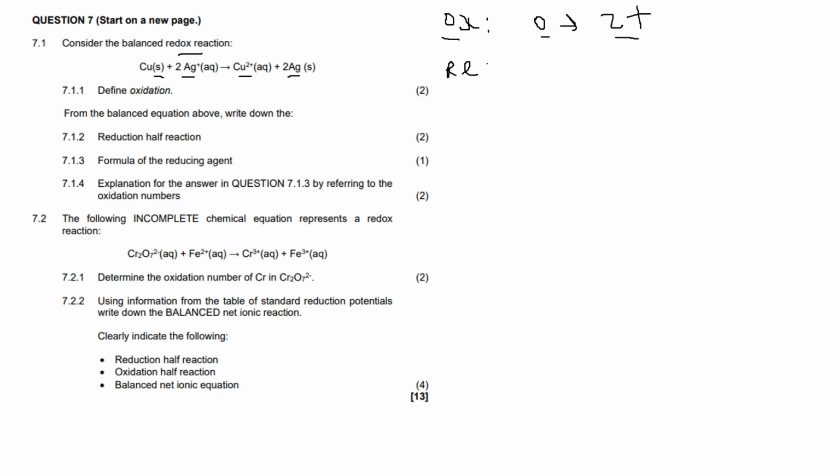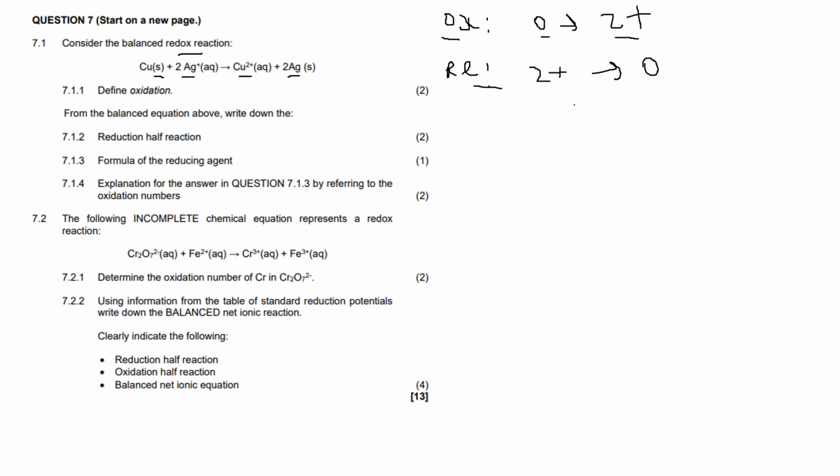But reduction is the gaining of electrons. Let's say we start with 2 plus, which was the loss of electrons, and now we're going to 0. 0 is neutral. Therefore, that element would have gained 2 electrons to go back to neutral, because it had lost 2 before. That means the element is undergoing reduction, which is the gaining of electrons.